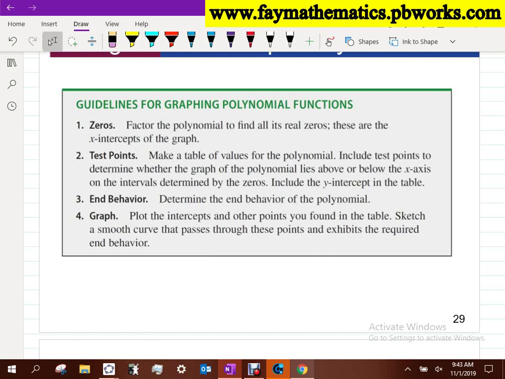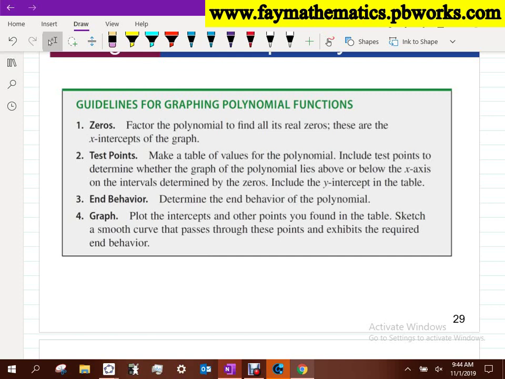But it says make a table of values for the polynomial. Take some x values that are logical x values, evaluate, see what the y values are that come back. It makes sense to do that after you've already chosen some zeros. It says to make sure that your y-intercept is also one that you include. When I do my zeros, I always find my y-intercept right away as well. That's pretty easy to pull off the function.